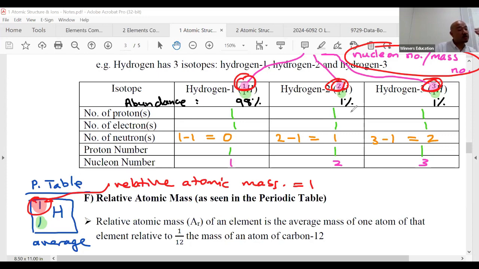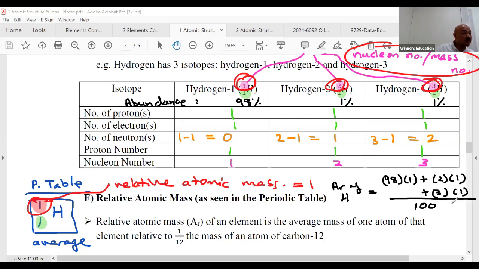That's why in the periodic table, I saw the value 1, the average value. Okay, let me convince you. Relative atomic mass, the symbol is Ar, for hydrogen. Someone has a calculator? 98% times 1, plus 2% times 2, plus 3% times 3.